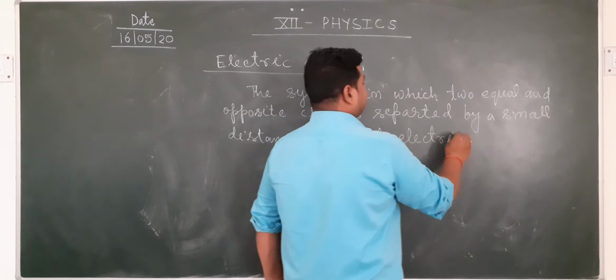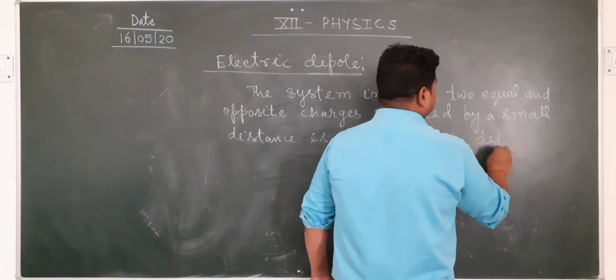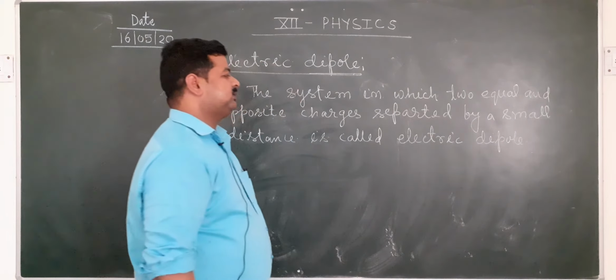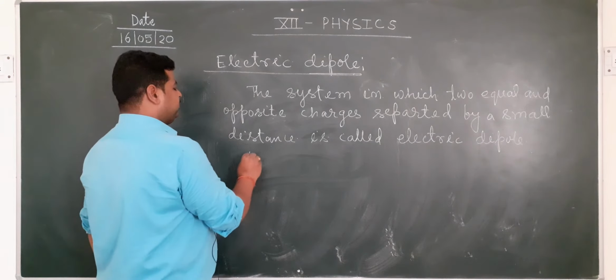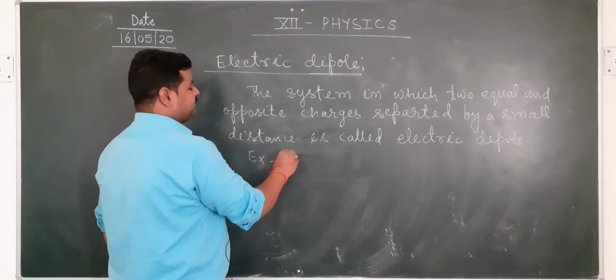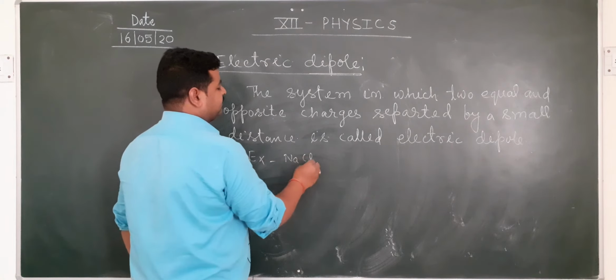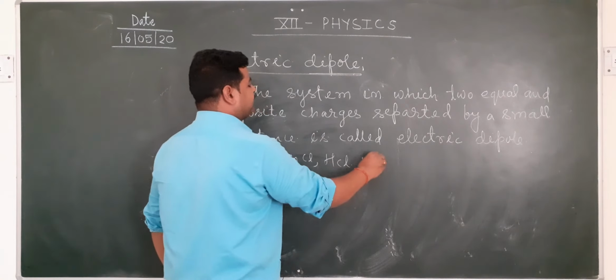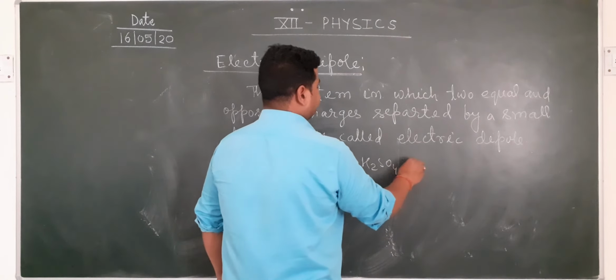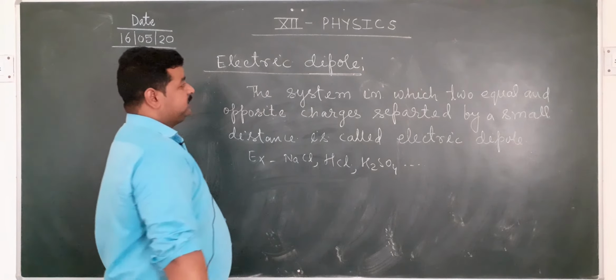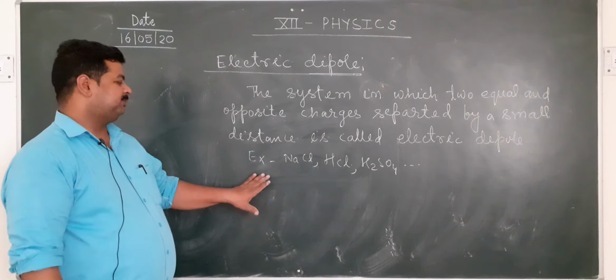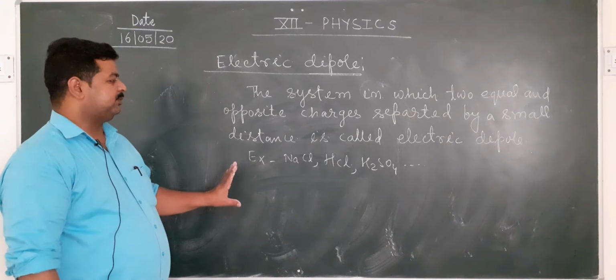So this is the definition of electric dipole. And what are examples of electric dipole? Examples are NaCl, HCl, H2SO4, etc. Clear? So this is the definition of electric dipole, and these are examples of electric dipole.